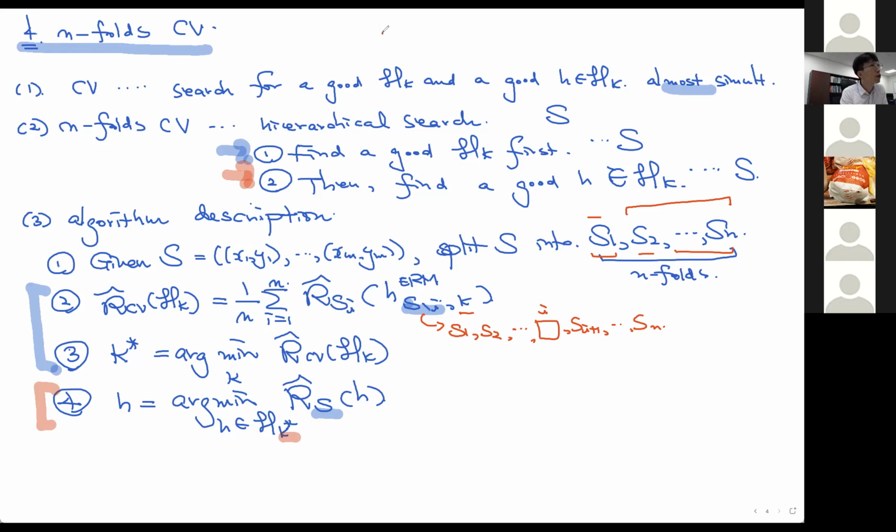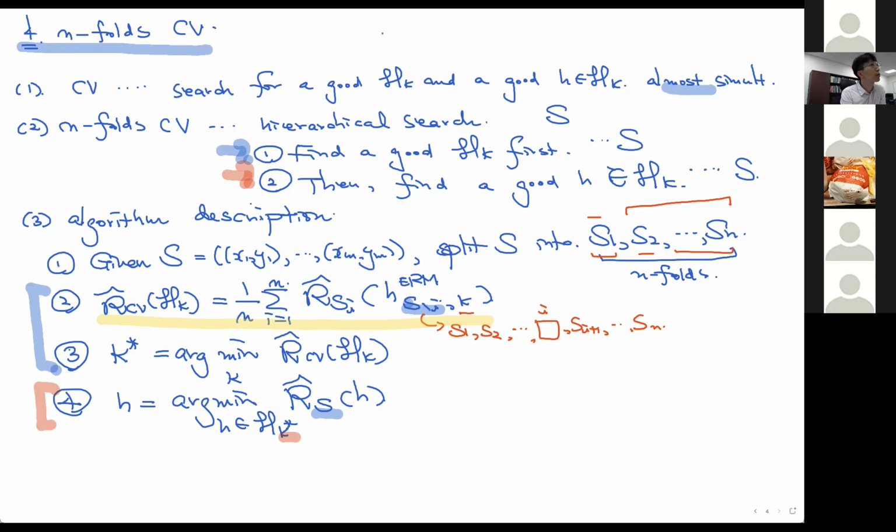What's really going on here is that this R hat CV is really trying to evaluate the generalization ability of each hypothesis set when the learning algorithm we are thinking about is empirical risk minimization. And this very idea can be used for a different algorithm. It doesn't have to be empirical risk minimization.